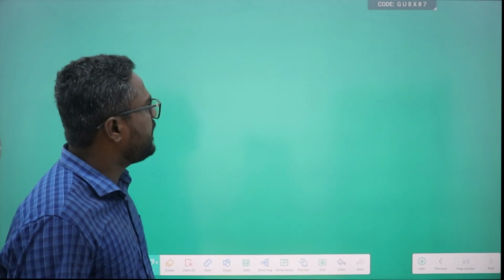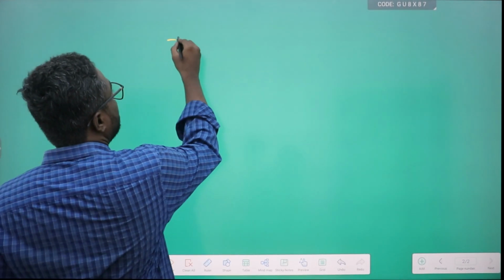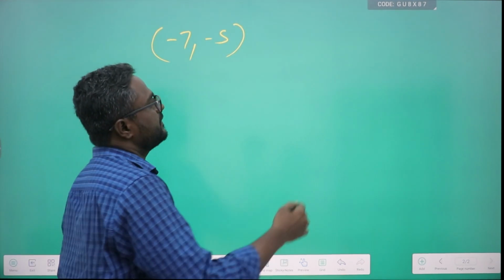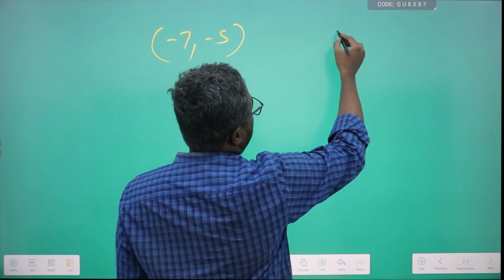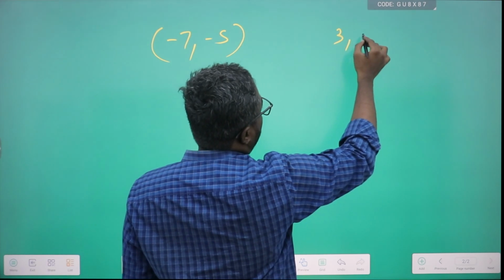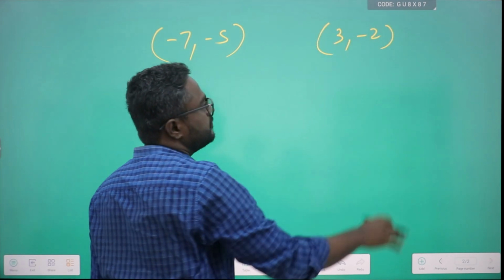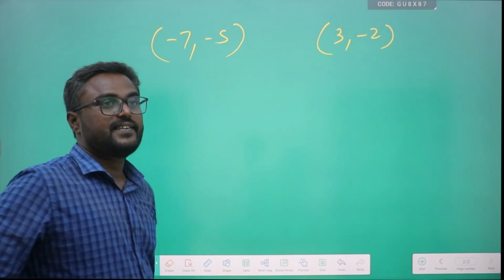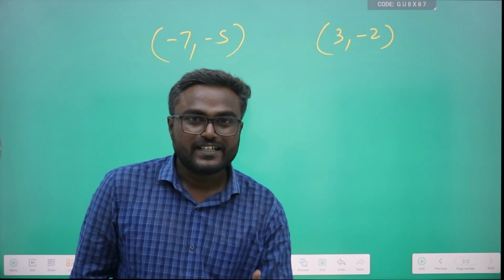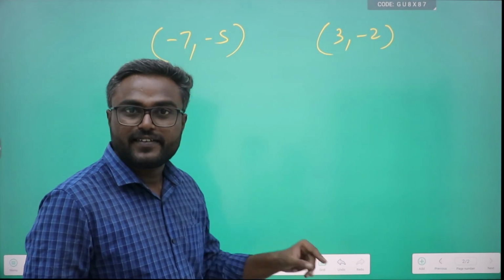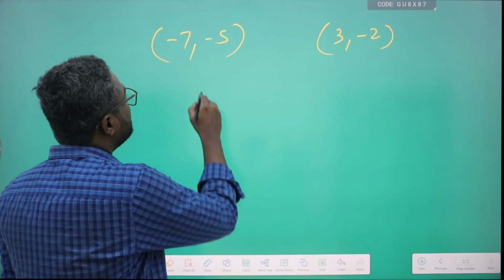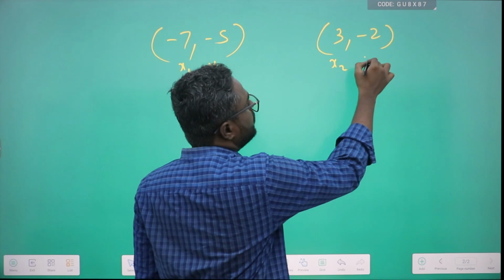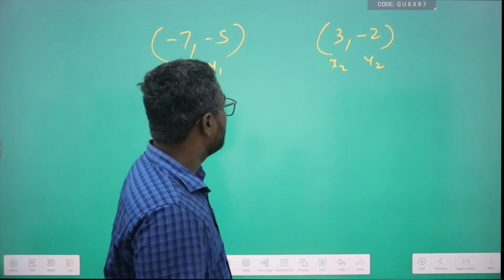So let me just guess: negative 7, negative 5, and let's take 3, negative 2. First step, whenever they say find the slope of the line connecting these 2 points, what will we do? Name these as x1, y1, x2, y2.